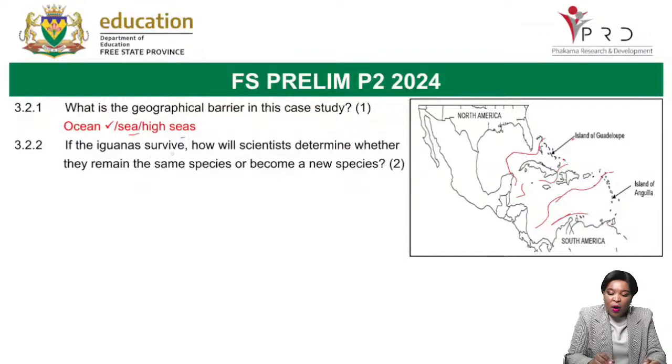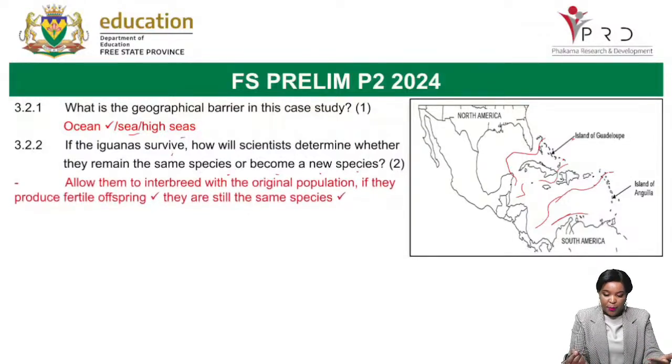Then, if the iguanas survive, now you are thinking, okay, those 15, if they survive, how will the scientists determine whether they remain the same species or become new species? You go to the characteristics of being the same species or of being different species. This is how you answer. The scientists are going to allow them to interbreed with the original population.